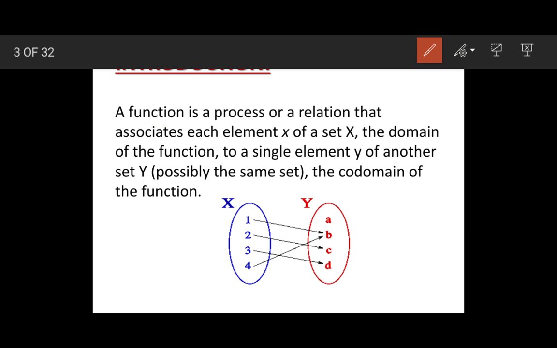So that means, see, 1, 2, 3, 4 are related with A, B, C, D, right? Where 1 and 4 both are related with B, 2 is related with C, 3 is related with D, right? So, a relation between elements of one set and the elements of another set, that relation is known as a function.